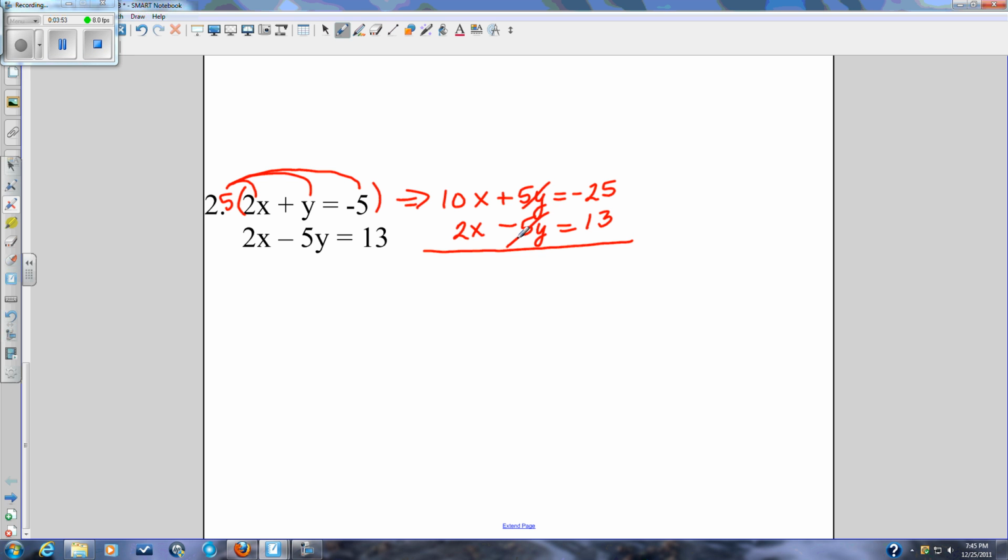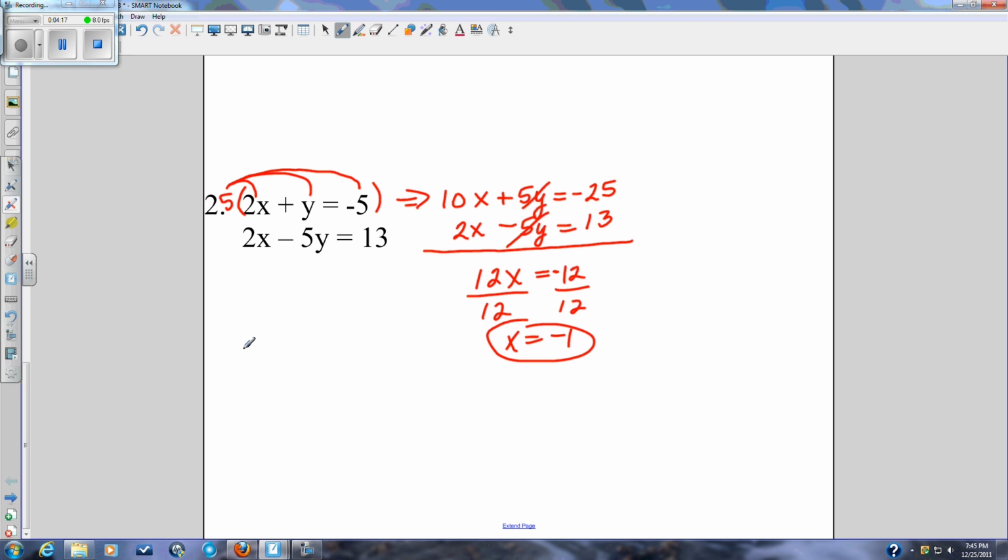Just add those two equations together so we get 12x. The positive 5y and negative 5y have canceled, and we have negative 25 plus 13, which gives us negative 12. Divide each side by 12, and we get that x is negative 1.